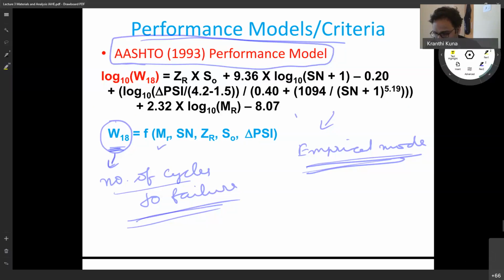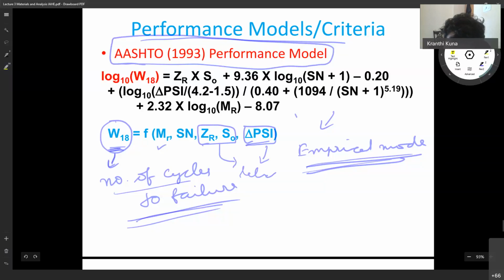Here the performance criteria is in terms of PSI, which is the pavement serviceability index. I'll explain what the terms are. These two are basically the reliability terms. This is a kind of structural number, and I'll tell you what exactly the structural number is, but it is a function of thicknesses. If the thickness of the pavement is more, the structural number is more.